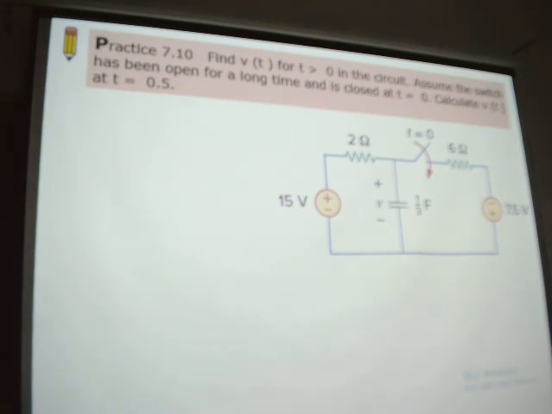I can't understand the previous one, because one question was how can you make this 3 plus 3 plus 1? Because the switch is closed for a long time. So if t is smaller than 0, the circuit will be like this.